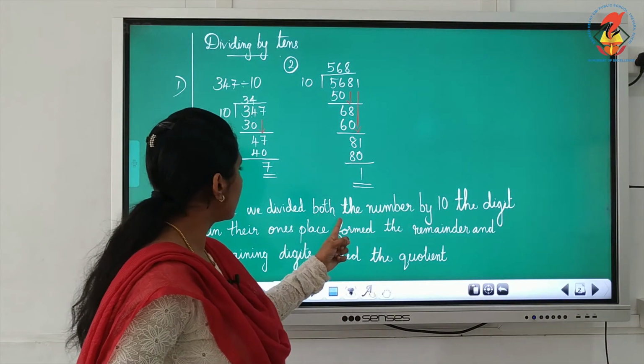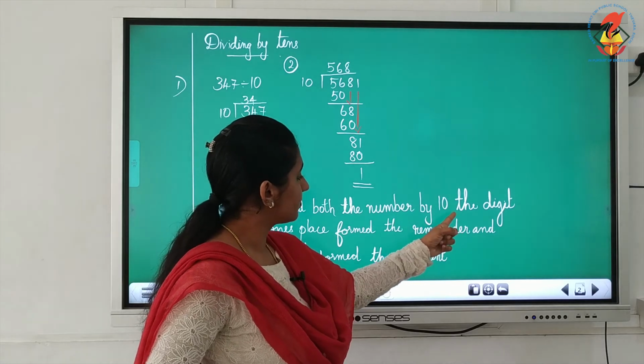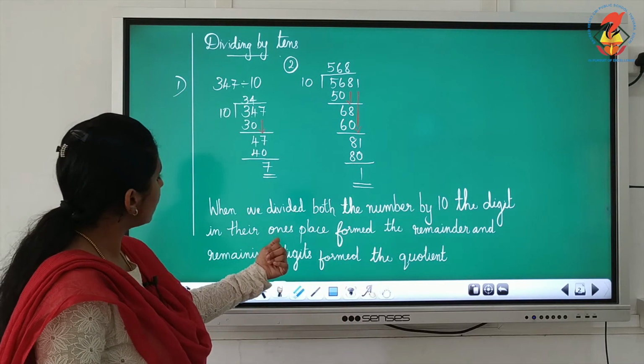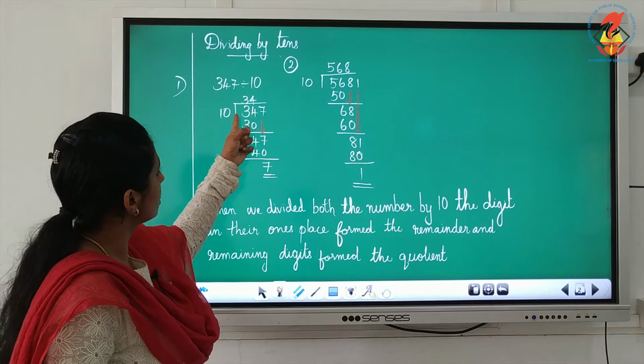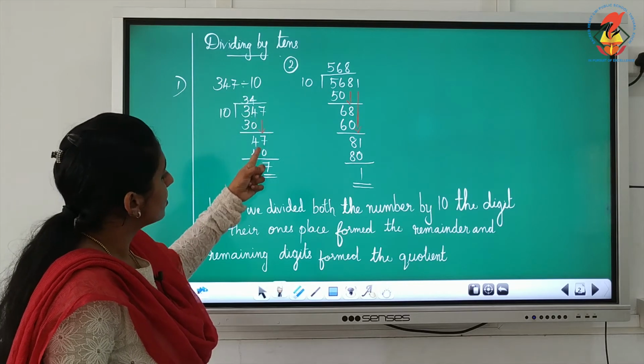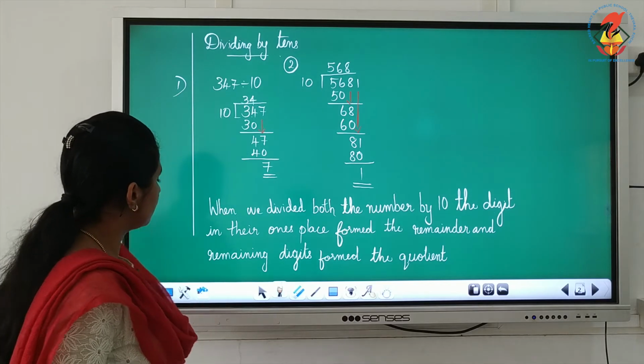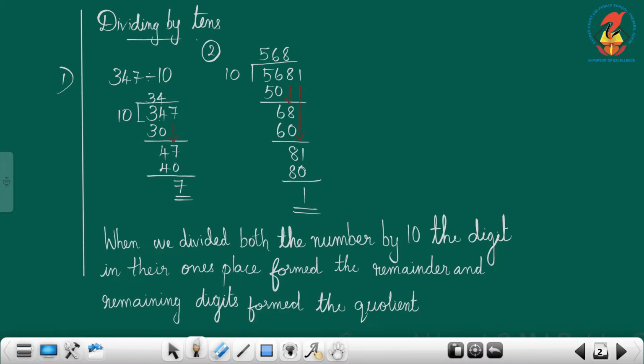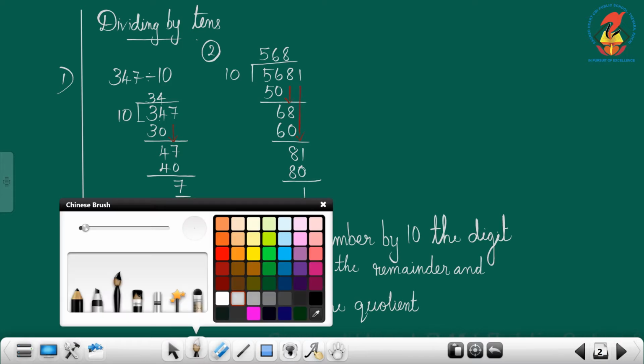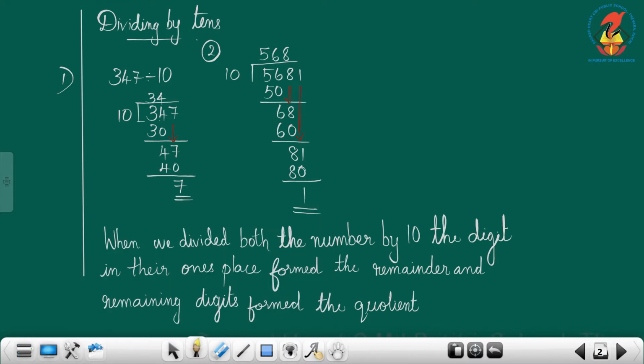So, when we divide both the numbers by 10, the digit in their ones place form the remainder and the remaining part, that means here 7 is going to the remainder part, the balance 34 is the quotient.